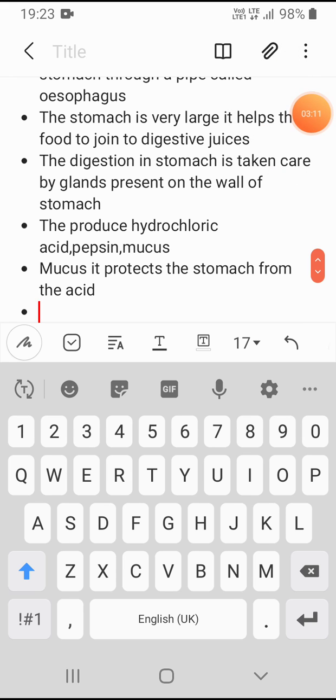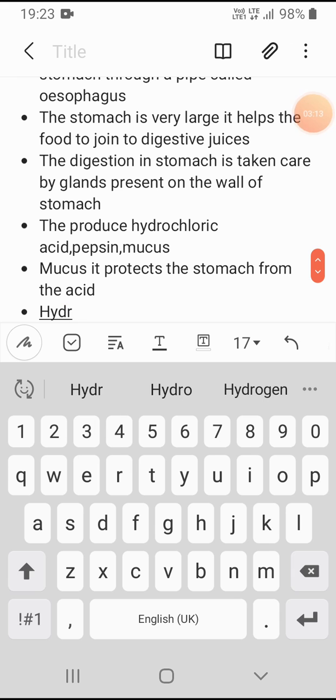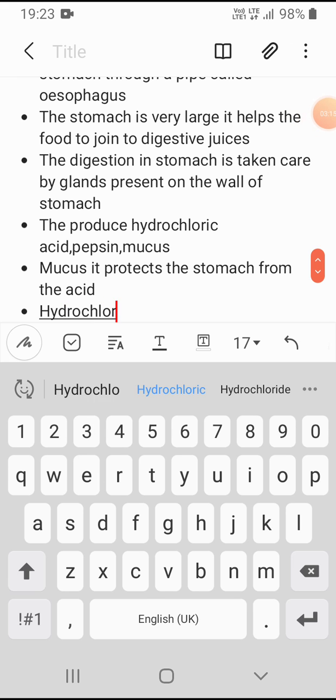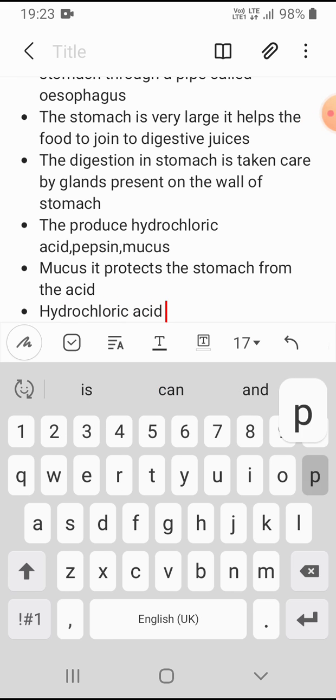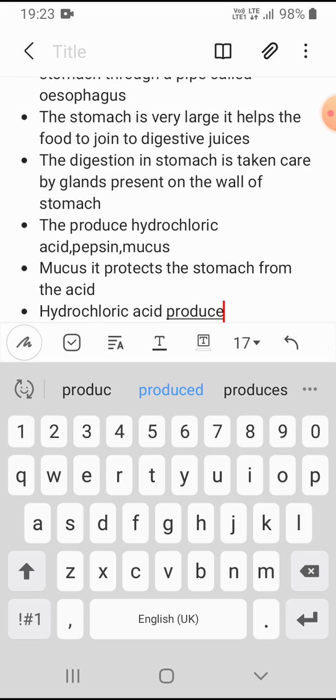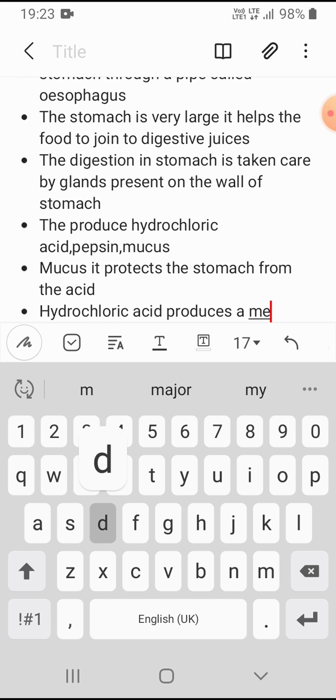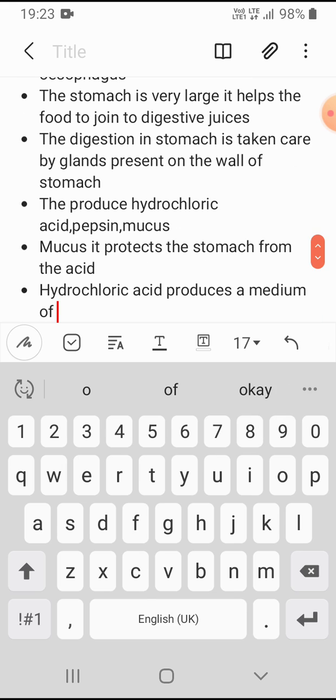The hydrochloric acid produces an acid medium that helps the pepsin.